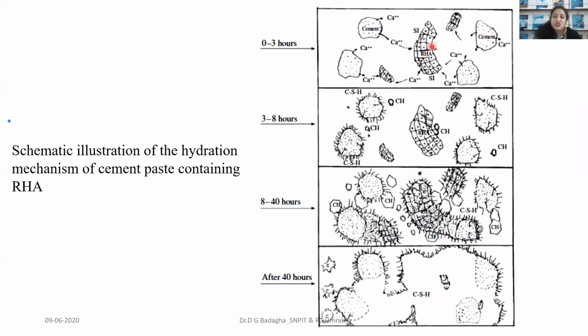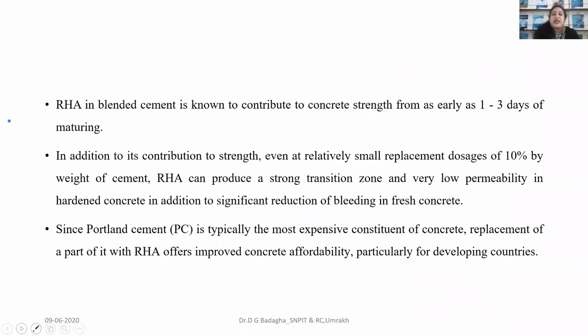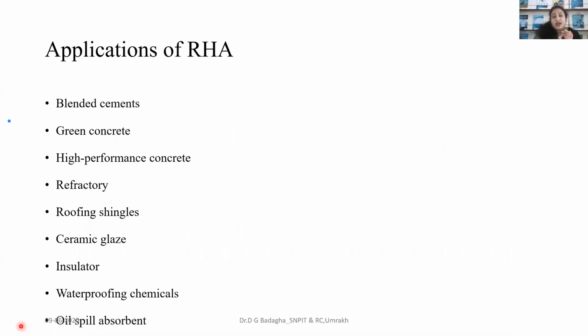This is just a schematic diagram of the hydration process to give you the idea. Concrete is typically an expensive material, but rice husk ash has similar properties to cement and good properties, which is why we use it to manufacture recent advanced concrete.